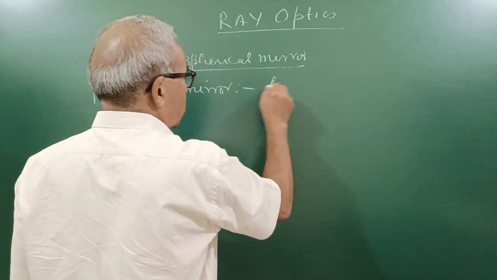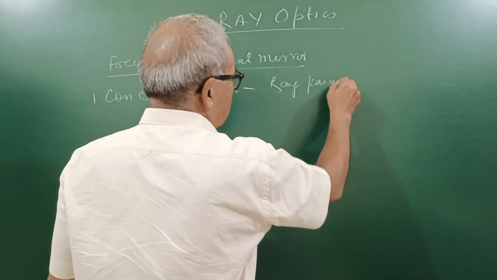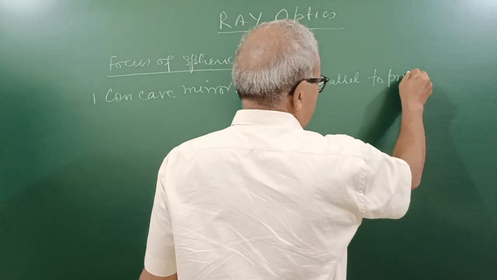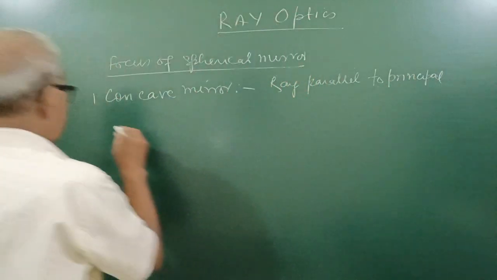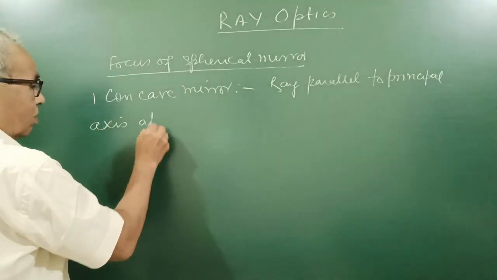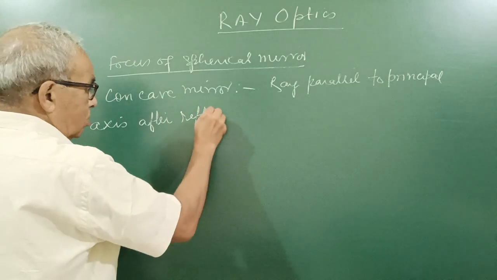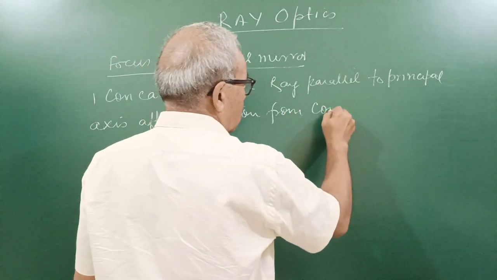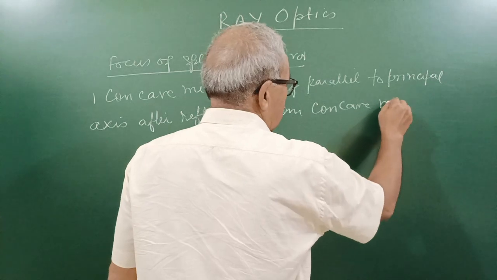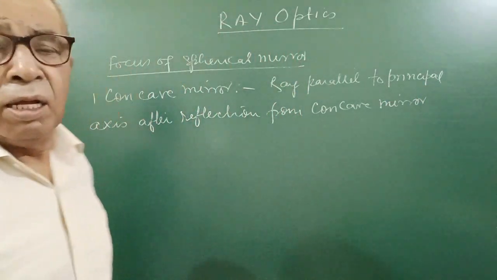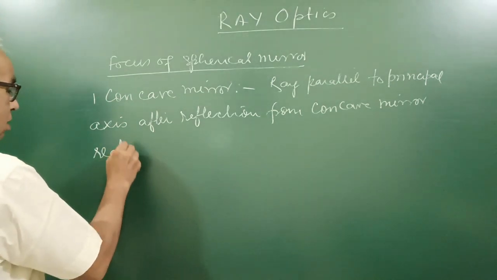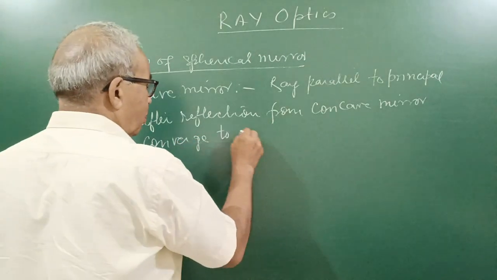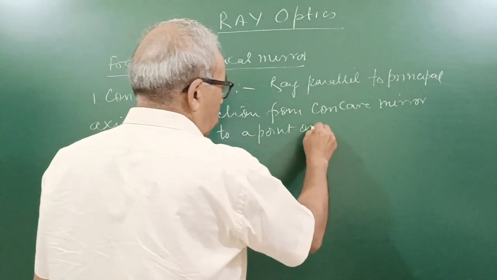Rays parallel to principal axis, after reflection from a concave mirror, really converge to a point on the principal axis.